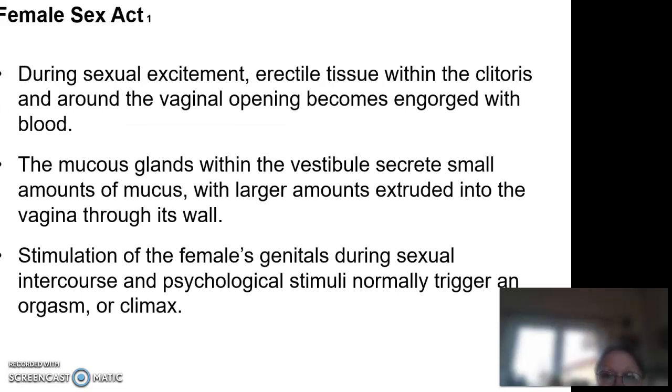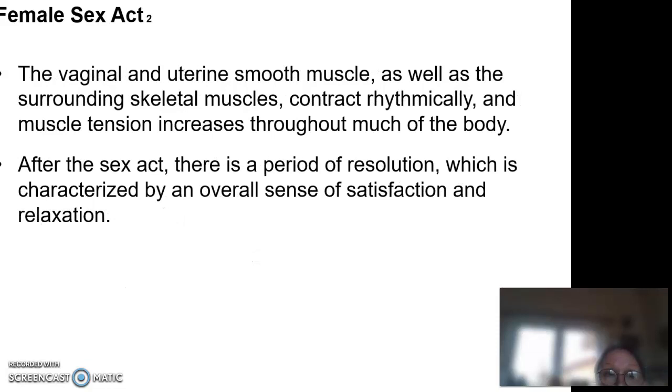During sexual excitement, the erectile tissue of the clitoris and around the vaginal opening becomes engorged with blood, and your mucus glands secrete a small amount of mucus, and stimulation of the female genitals during sexual intercourse could trigger an orgasm or climax.